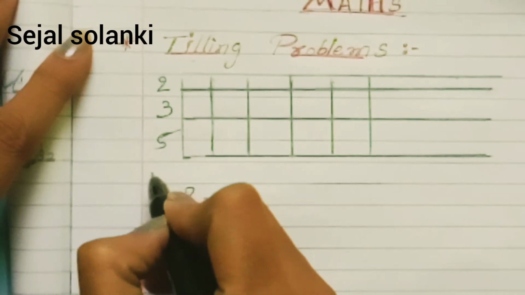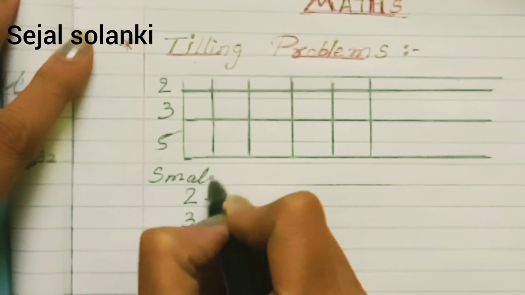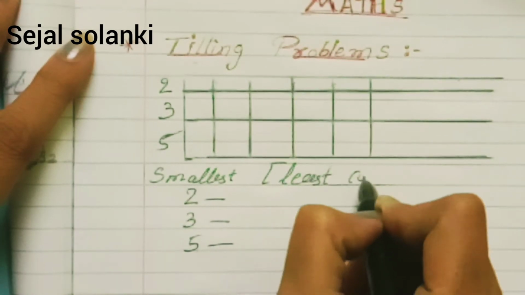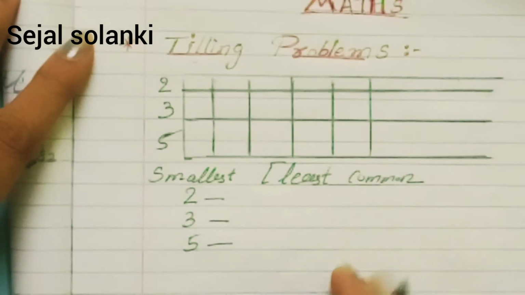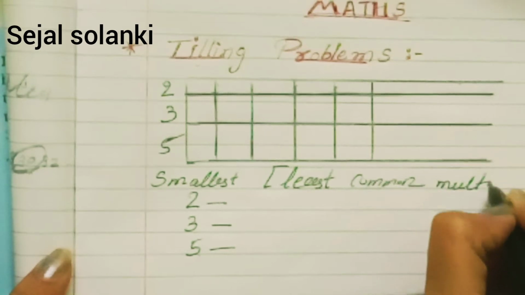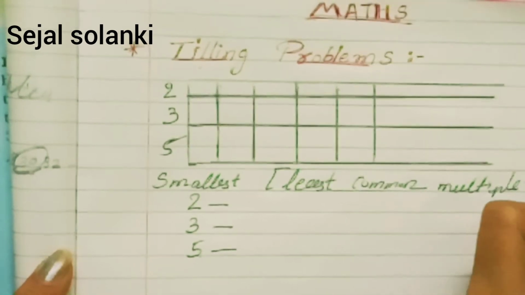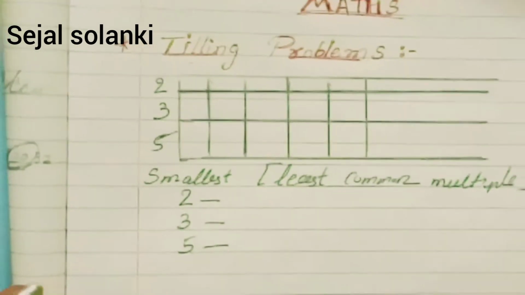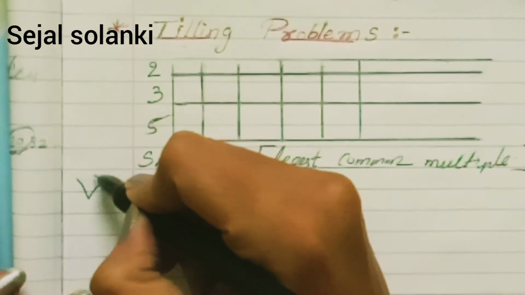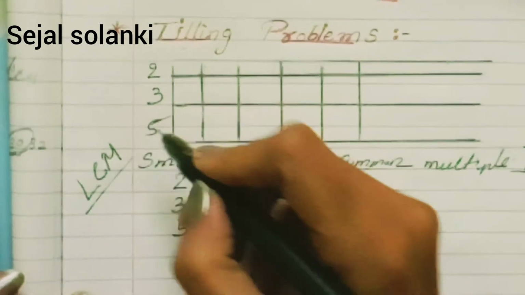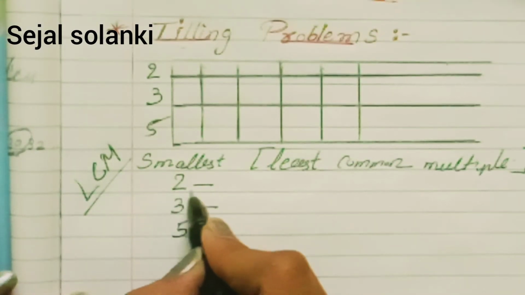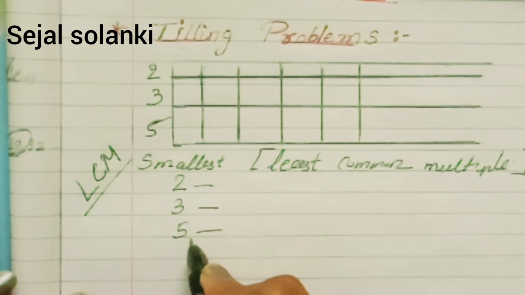Smallest means least common multiple. It means it is the LCM, least common multiple. So first we will find out the multiples of 2, multiples of 3 and multiples of 5.